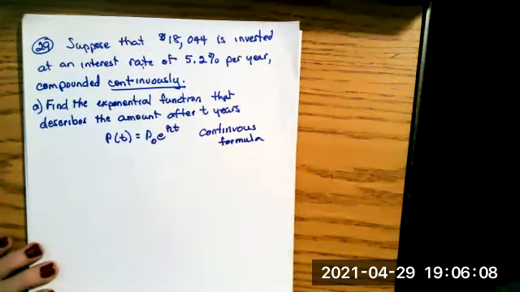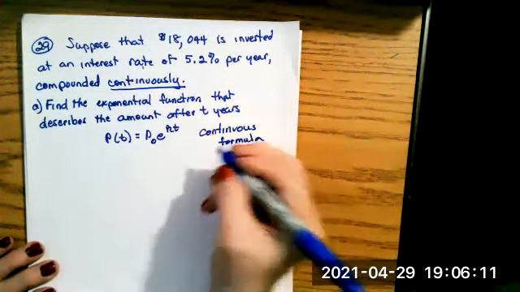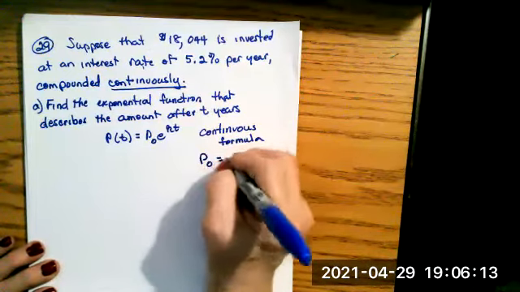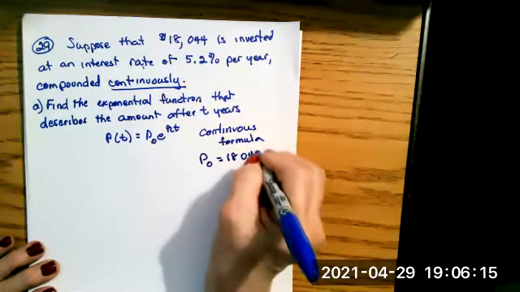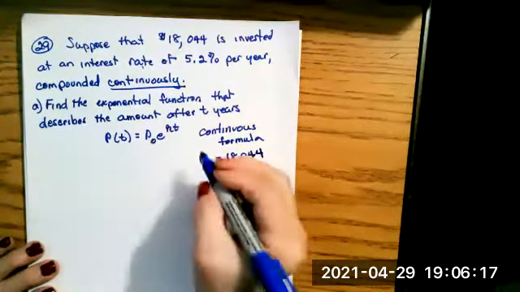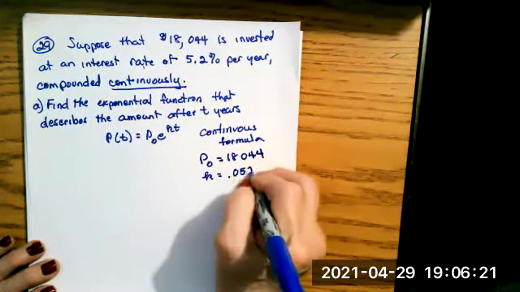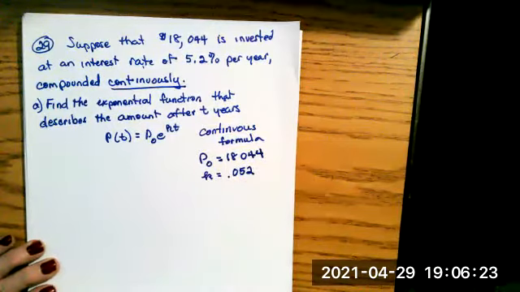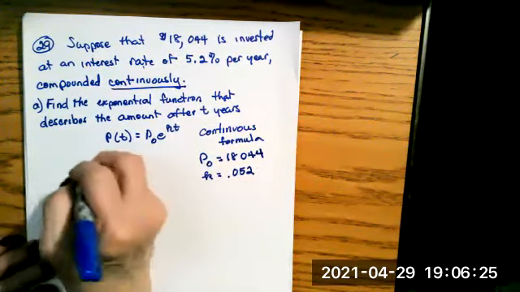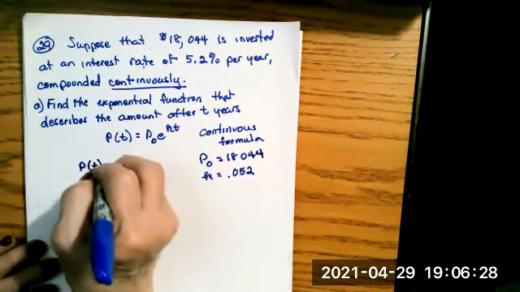That's continuously. So I need to know my P sub 0. My P sub 0 is what we started with. And my K in this one is the rate, 0.052. And then we just fill it in to get our formula here.